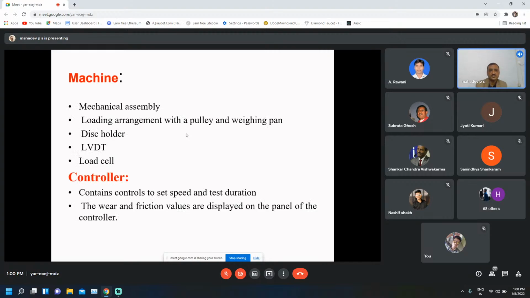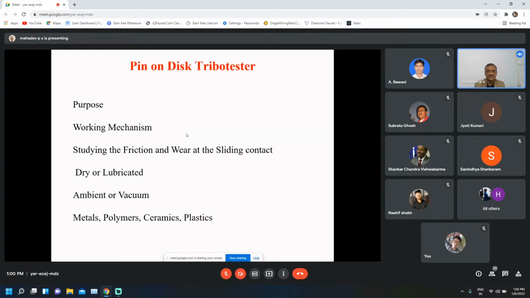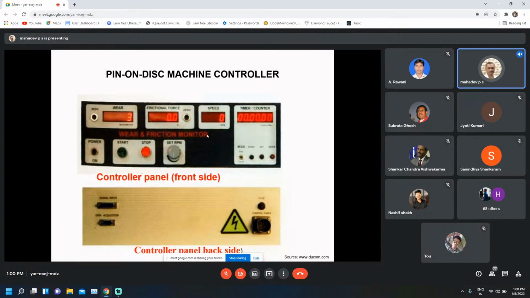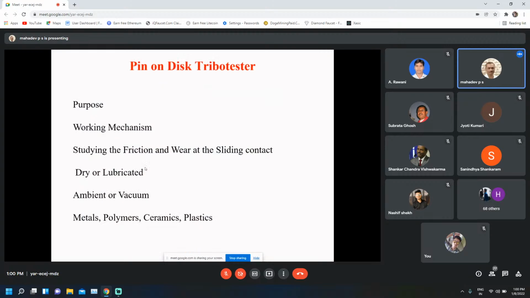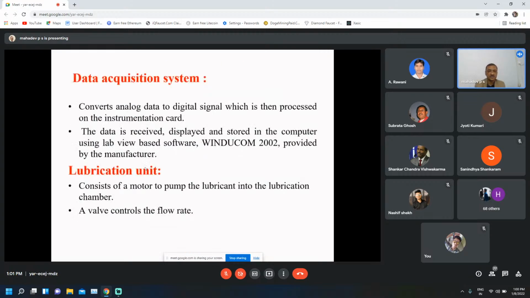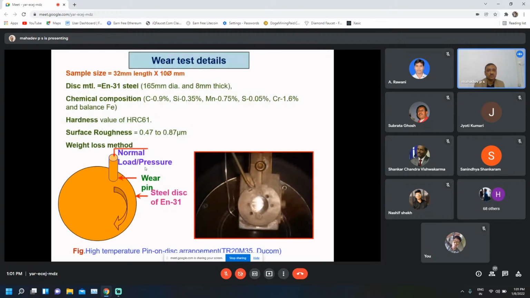It contains a machine and a controller. The machine contains a disc holder, LVDT, load cell. The controller contains controls to set the speed and test duration, as I explained on this front side control panel. There is a data acquisition system and a lubrication unit. All these things you can see clearly.